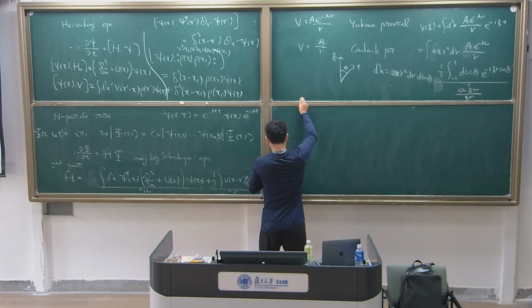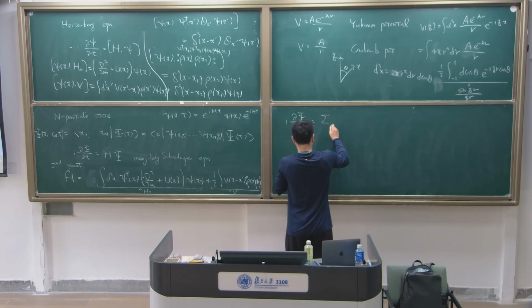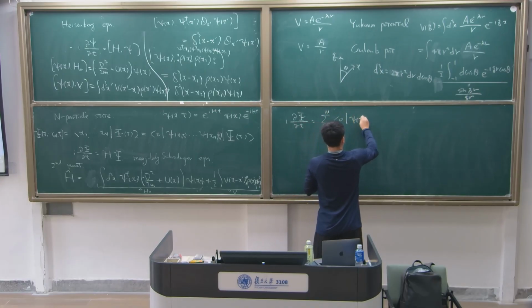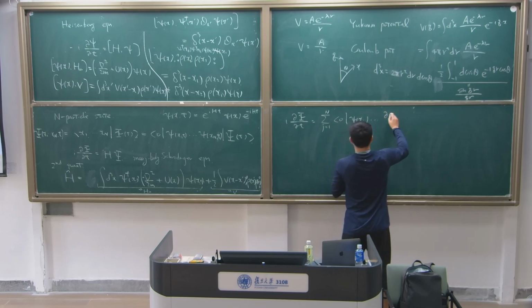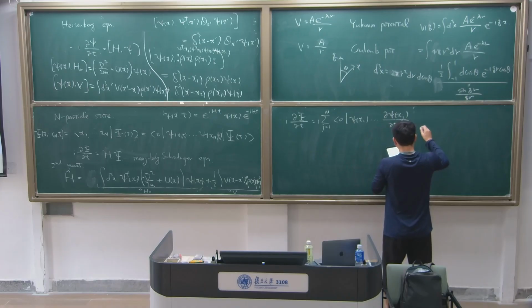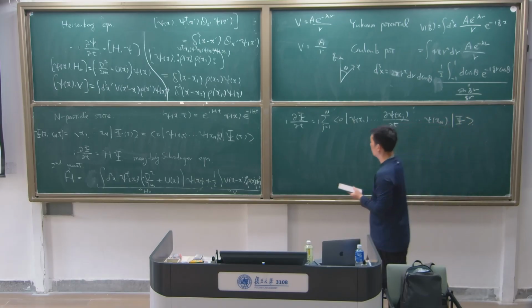The Schrödinger equation is i times del capital psi del t, which is just the sum over j equal to 1 to n of psi of x1, x2, ... xj, ... xn del t and the capital psi.